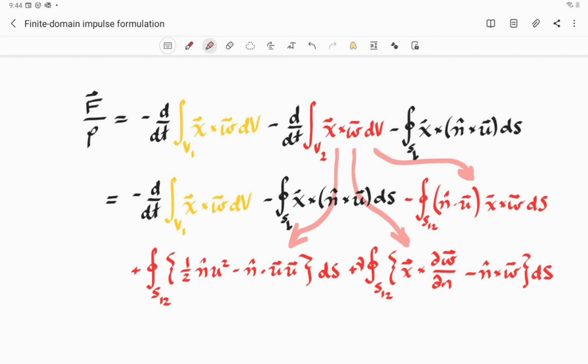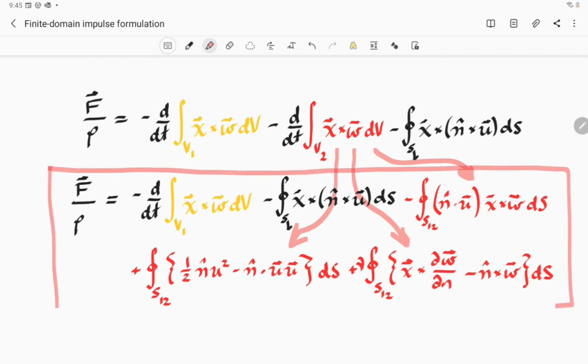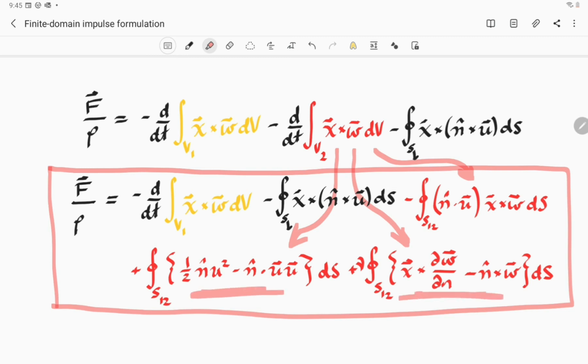So if you were to simply stumble upon this equation in a paper on vortical impulse theory, like Noca's thesis or Kang et al.'s paper that I cited above, it would not be immediately clear that all of these terms have to do with the changing impulse outside of the domain V1 that you're considering. They just look like complicated terms. So this gives you an idea of physically what's happening, and we can even go a little deeper.